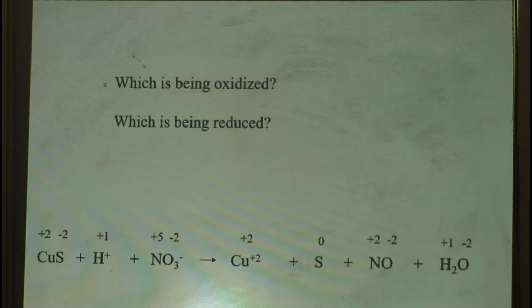Let's see the changes. Copper remains 2. Nitrogen has changed from +5 to +2, reduction.